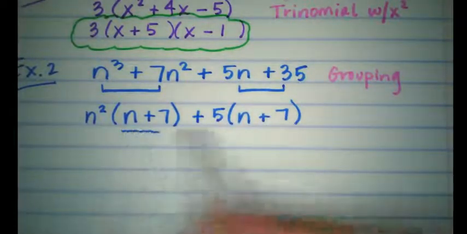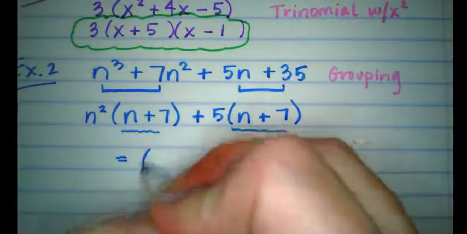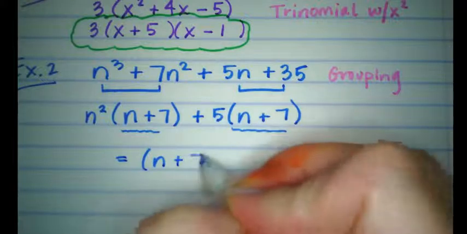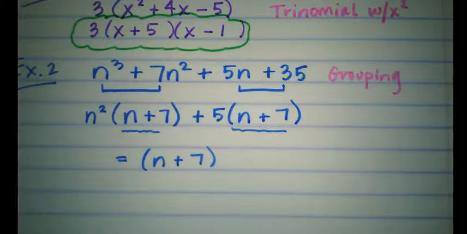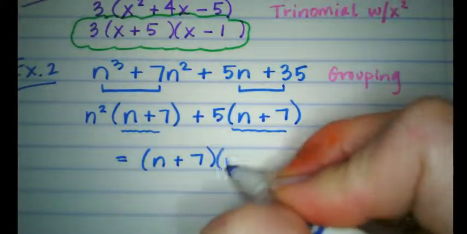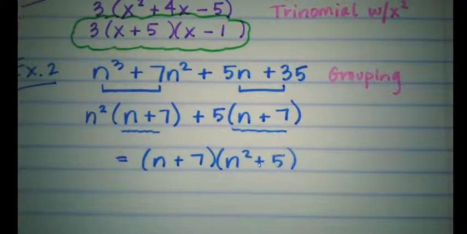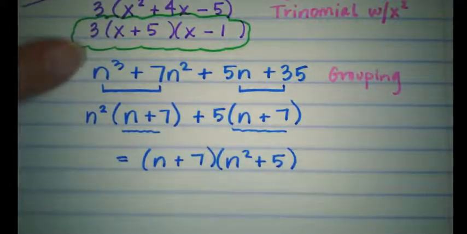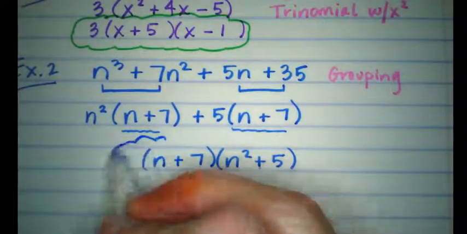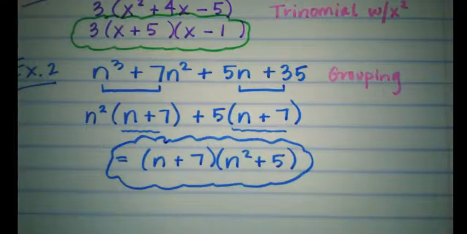Now I have an n plus 7 in both of them, so I know that n plus 7 is one of the binomials, and then the other I get from the previous GCF numbers, so n squared plus 5. And again, we can check by foiling, so if we FOIL this back together, we'll get what we started with. So that one was just grouping.